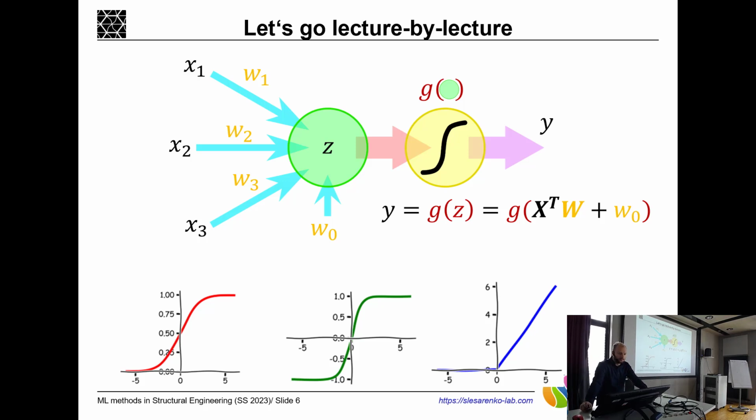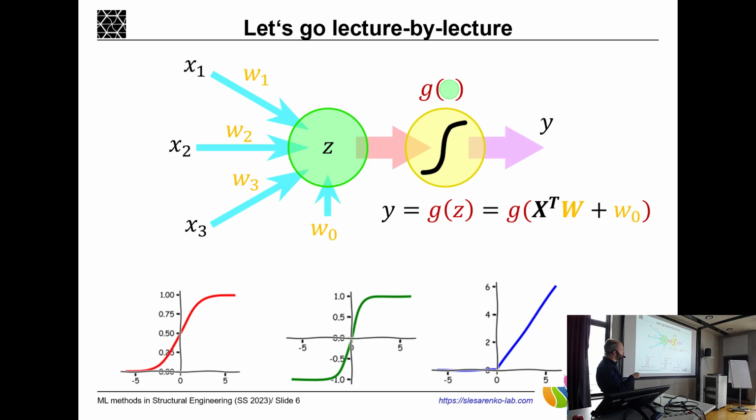So first of all, at the first or the second lecture, we introduced the perceptron. We introduced one node of our deep neural networks. And this node, what does it do? It takes the inputs, in this case 3 input variables, then multiplies them by some weights, adds bias, we never forget bias, and then applies some nonlinear function g, and we get an output.